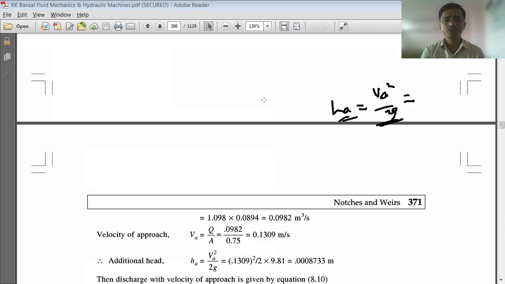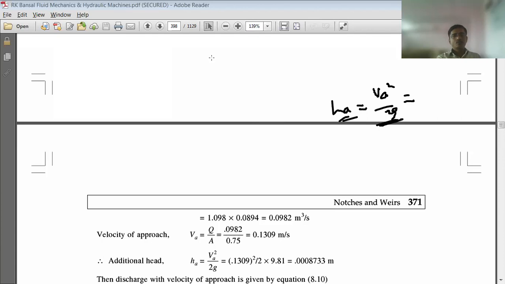Now considering the velocity of approach. Okay. 0.084.